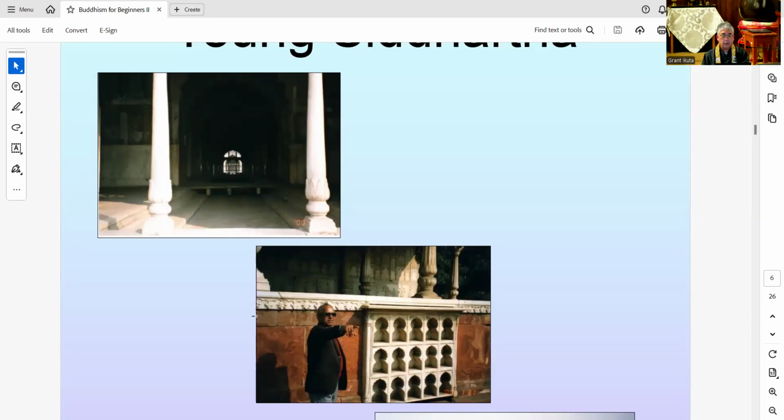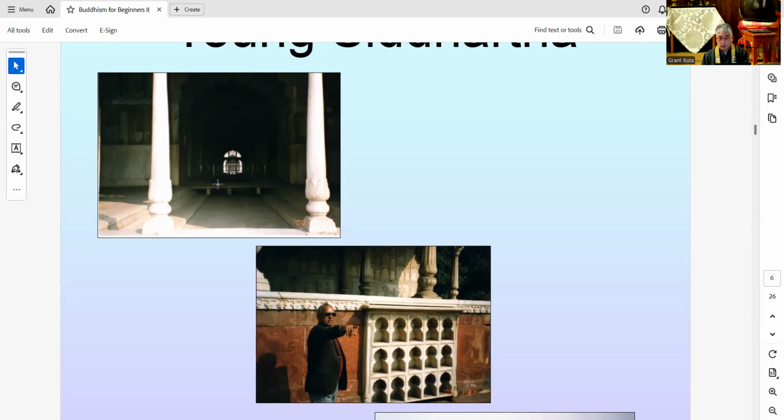And as the water runs through the palace and comes over this edge here, they would have oil lit lanterns in these little cutout portions. So the water would run over and glisten over these oil lit lanterns.